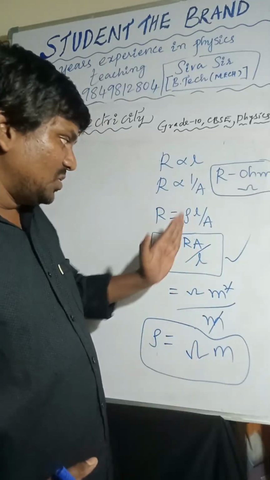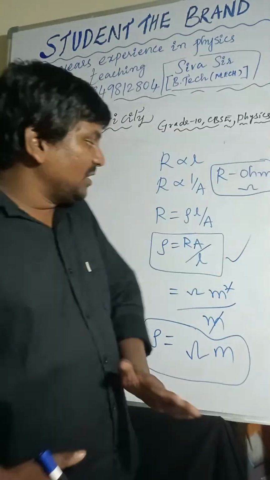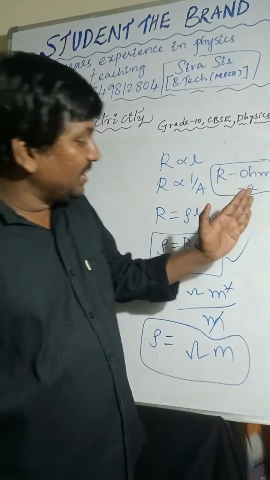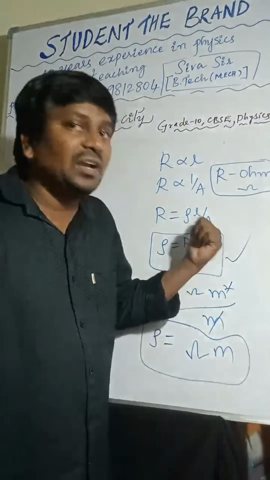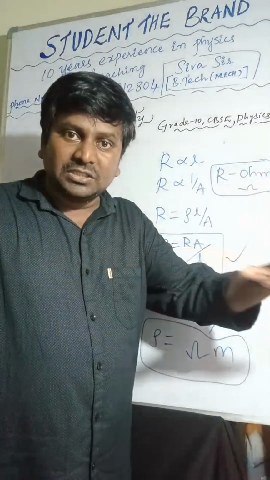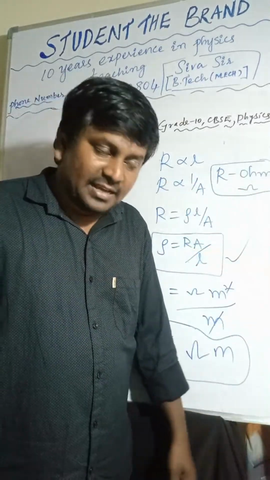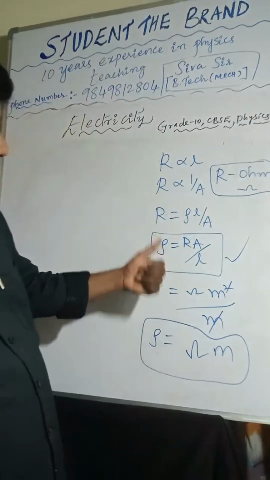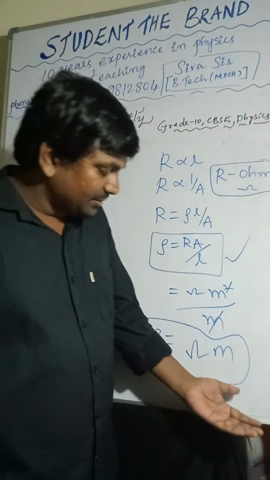Resistivity is equal to the resistance of the conductor per unit length and unit cross sectional area. Yes. So SI unit of resistivity is ohm meter.